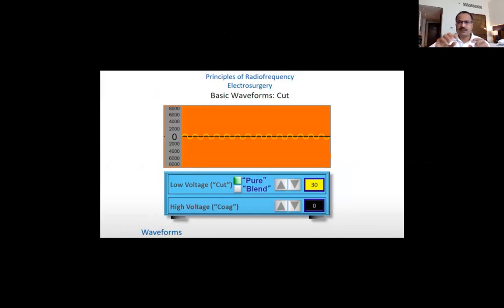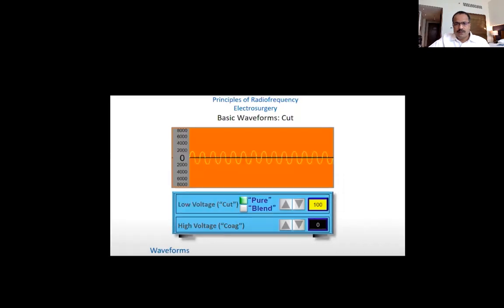Like suppose I give you 100 rupees and I say spread it across this line, then that 100 can be spread. It has to be a continuous spread, so it cannot go very high because otherwise it will end earlier. So this is a low voltage continuous current. Okay, now if that 30 is increased to 100, a slight increase in the voltage will happen, but it is a continuous current.